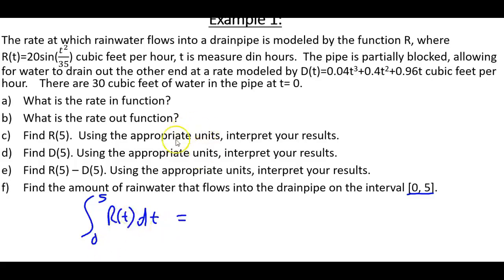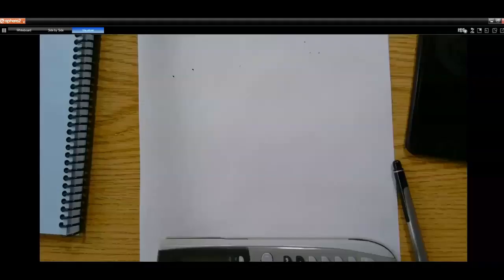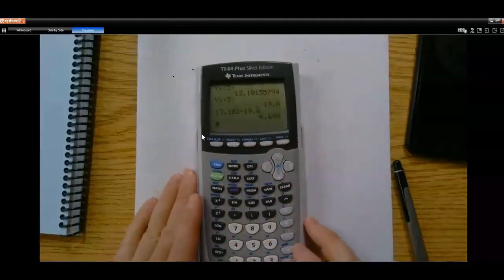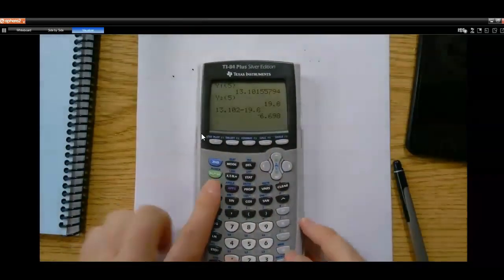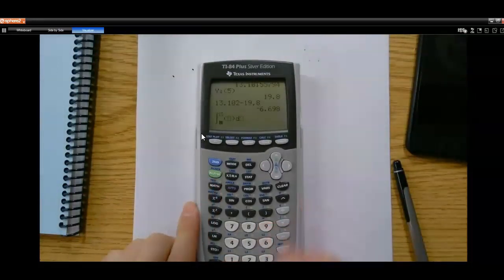Okay, let's go to our calculator and let it do all the work for us. Do you love that? So how do you do an integral? You push math, you push 9, you type in your lower limit, your upper limit, and we want to put the R function here.